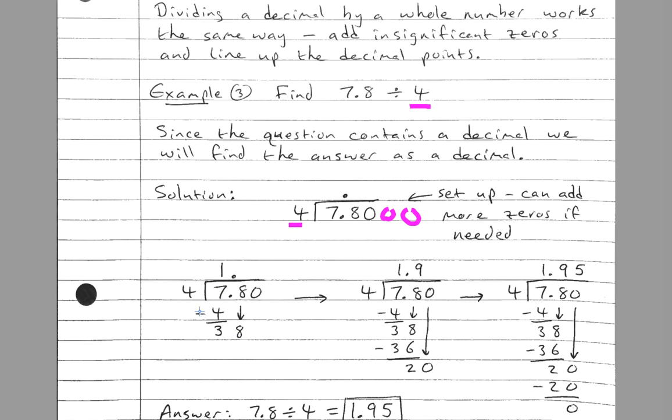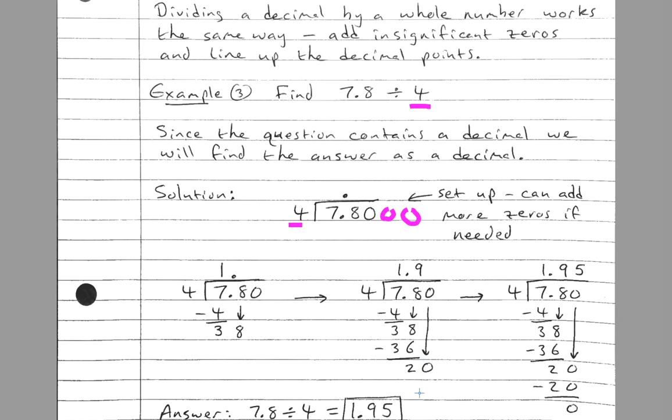Bring down the 8. 4 goes into 38. You might need to do some side calculations. 4 times 7 is 28, 4 times 8 is 32, 4 nines is 36. That's the best you can do. Subtract the 36, that's 2.